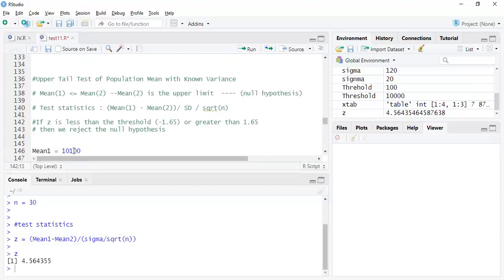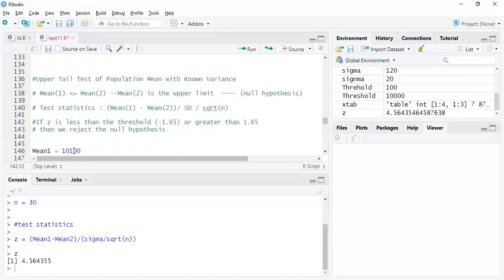A one-sided test is useful when you want to compare which value is greater. If you really want to do that, a one-sided test helps. A two-sided test is useful when all you care about is equality, whether two means are equal or not.